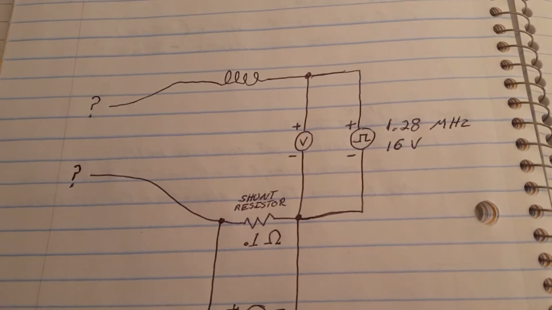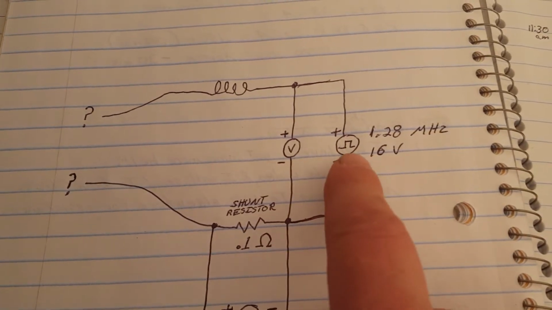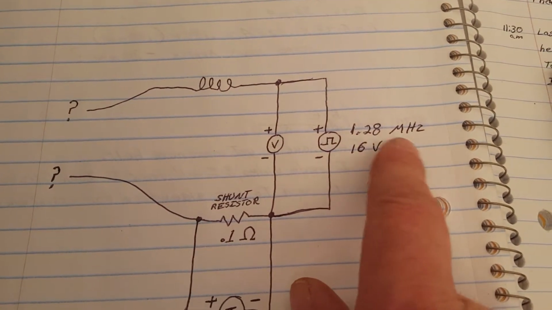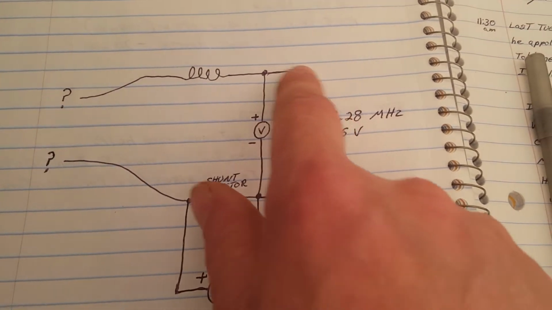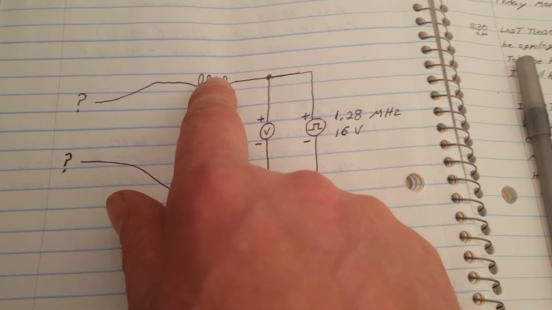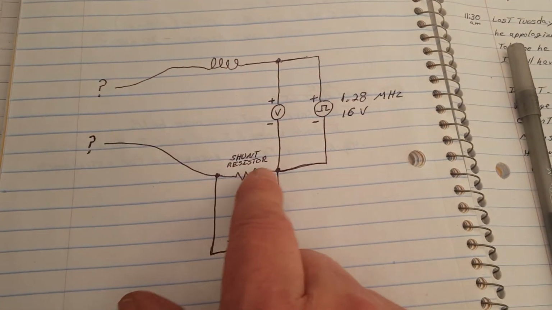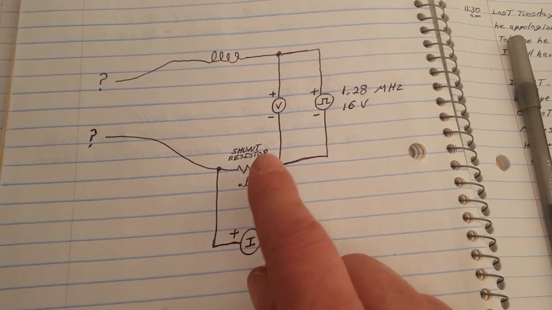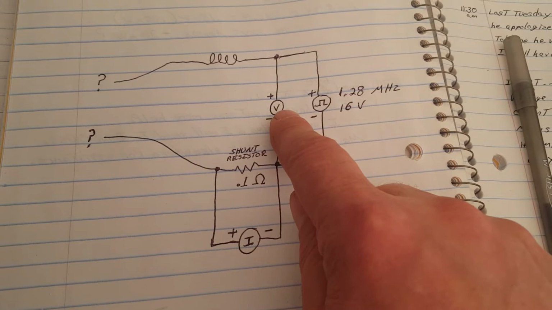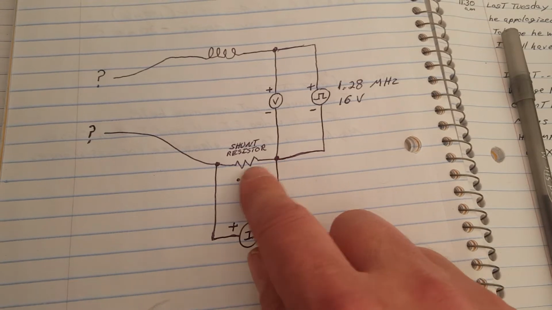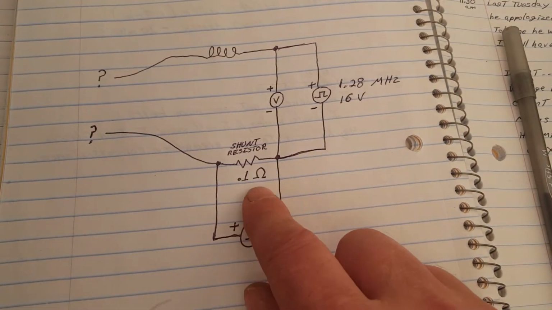Now, let me show you guys. This is what I have hooked up. This is my frequency generator, 16 volts, set at 1.28 megahertz. Negative end, positive end goes to my primary coil, to the rest of the circuit, and negative end comes out over here. I got my one probe right here, channel 1, hooked up like this, voltage, and this one I got the current probe, I'll call it.